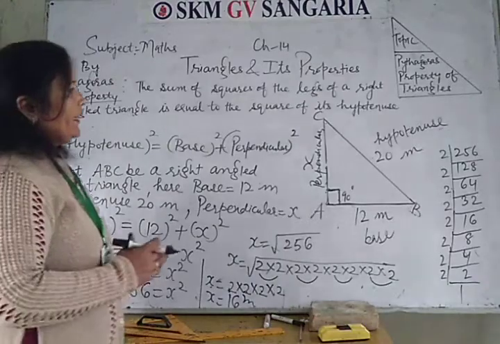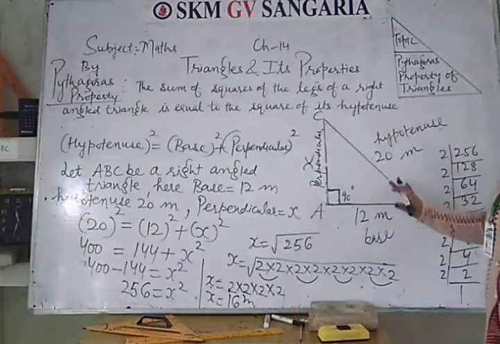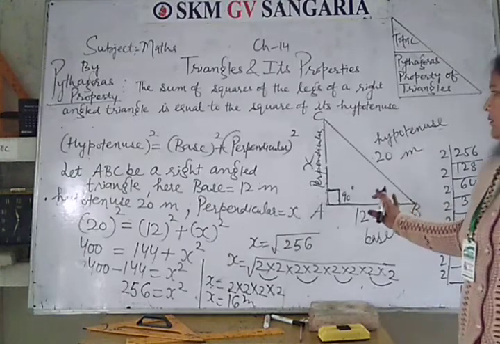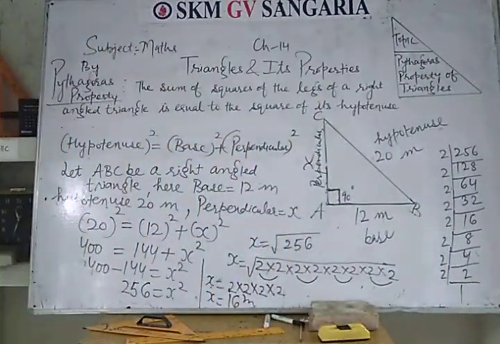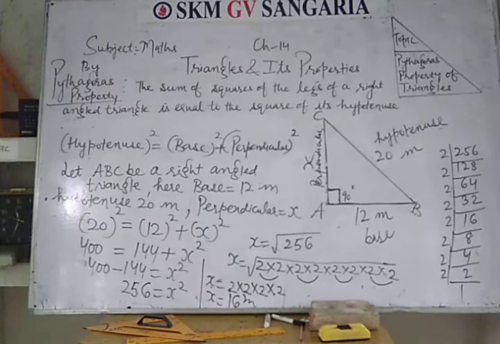In this way, you will be able to do this question based on Pythagoras property of right angle triangle. Please note down. In third question, do the following lengths form a right angle triangle?